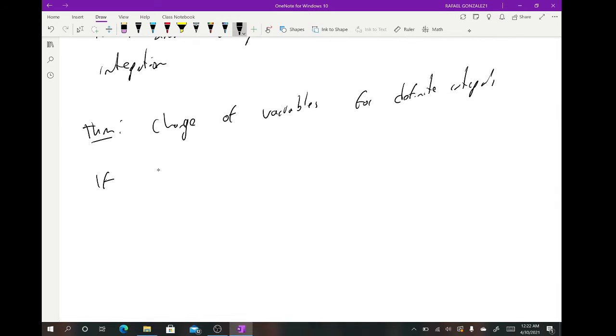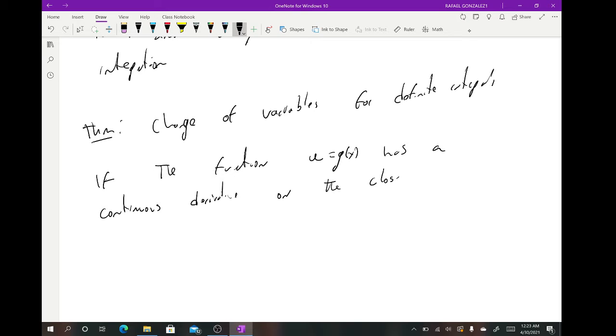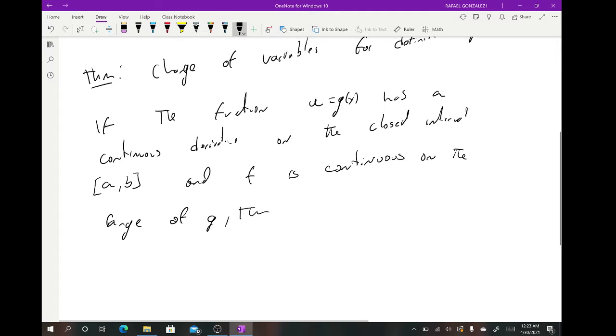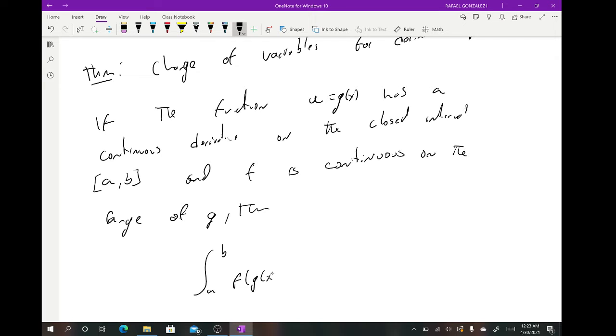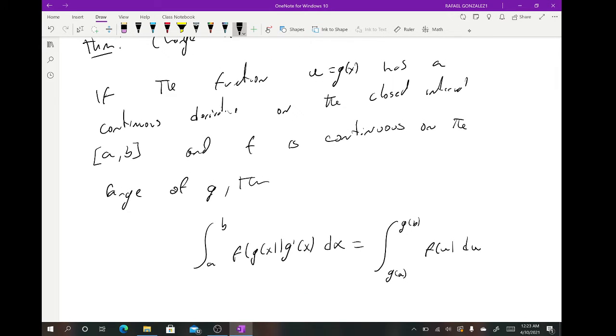And it says the following: if the function u equals g of x has a continuous derivative on the closed interval [a, b], and f is continuous on the range of g, then the following holds: the integral from a to b of f of g of x, g prime of x dx, is equal to the integral from g of a to g of b of f of u du.